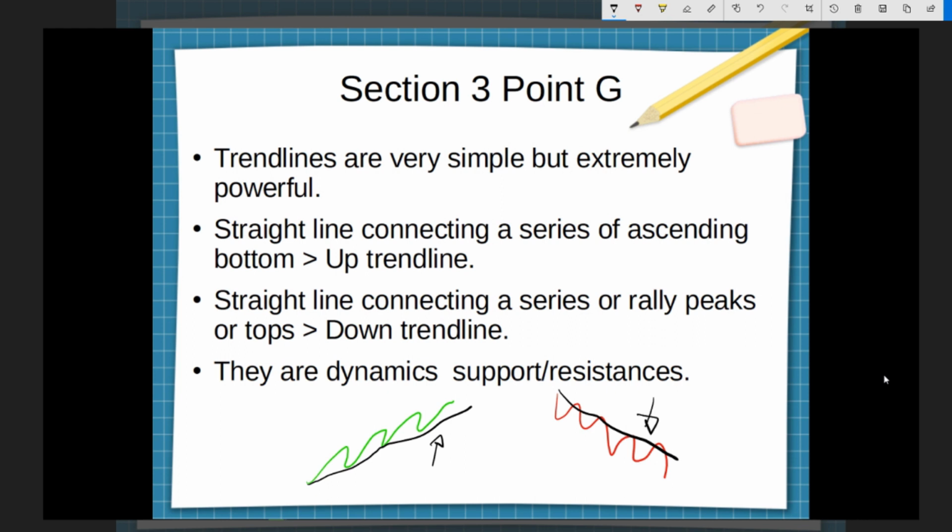Pretty clear and simple. But in this case, they are considered dynamic support and resistance. It's not just a line that stays static. It's a line that moves along the trend and modifies itself, and the price essentially reacts every time it gets close to it or every time it touches it.